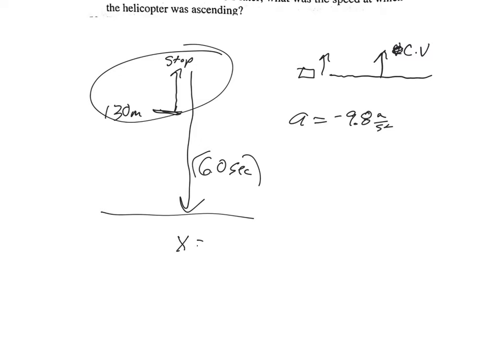We have x final equals x initial plus initial velocity times t plus 1/2 a, which in this case would be g t squared. What I'm going to do is take this and put it over there and combine these two things.